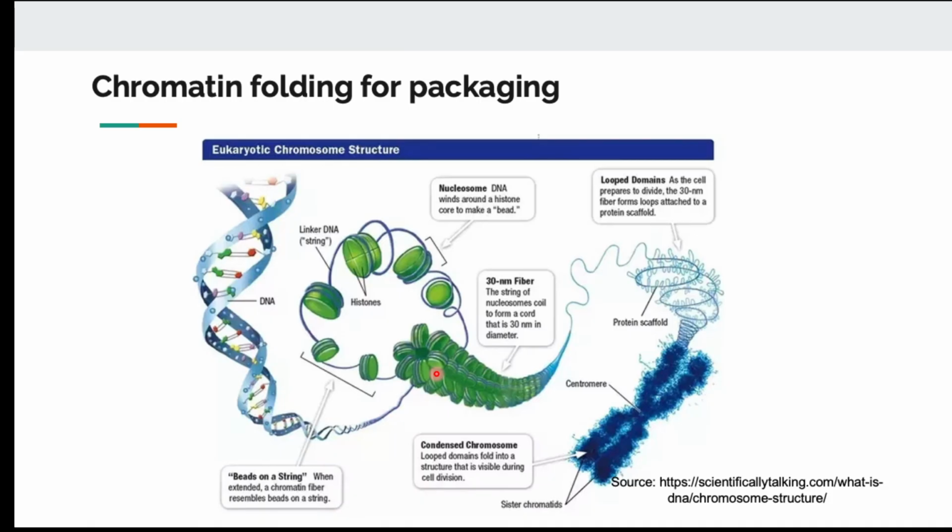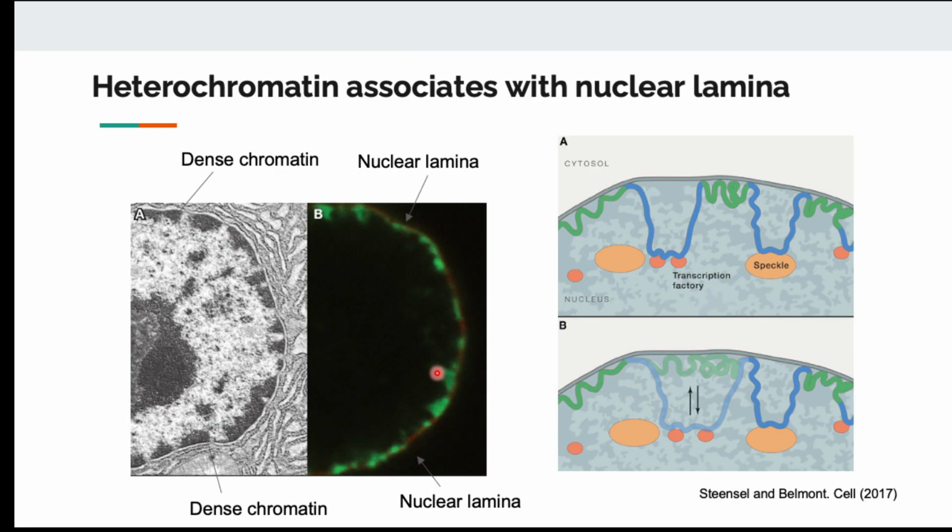But even more than that, people know that active and inactive DNA, like heterochromatin and euchromatin, are not just chemically labeled, like with methylation, but in terms of structure they also localize in different locations in the nucleus.